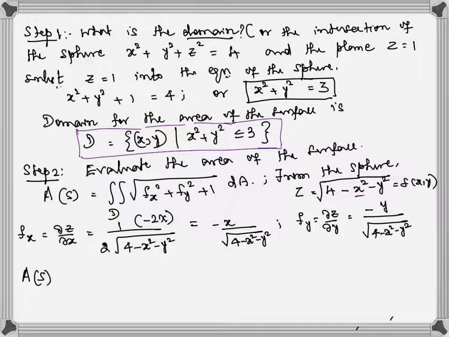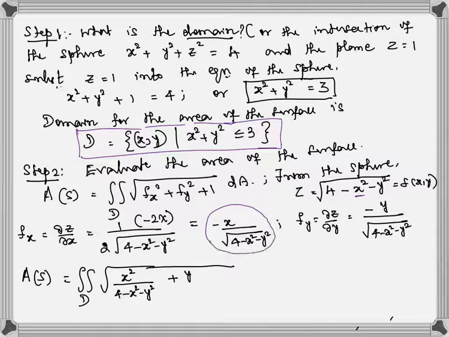So area of the surface, A of S, is denoted by double integral over D. F of x square is obtained by squaring this. F of y square would be obtained by squaring this, which would be x square over 4 minus x square minus y square, everything within the radical, plus y square over 4 minus x square minus y square, plus 1 dA.